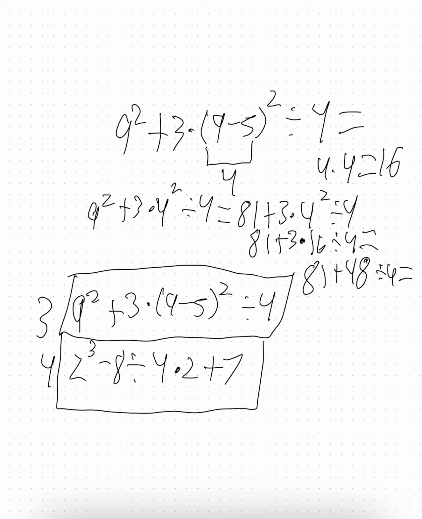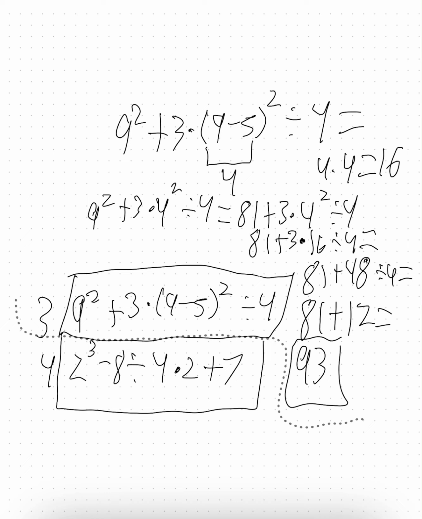So when we look at PEMDAS, we have to do division next. Okay? So 48 divided by 4. What does that equal to? It's equal to 12, right? 81 plus 12, 93. So that's the answer to number 3.